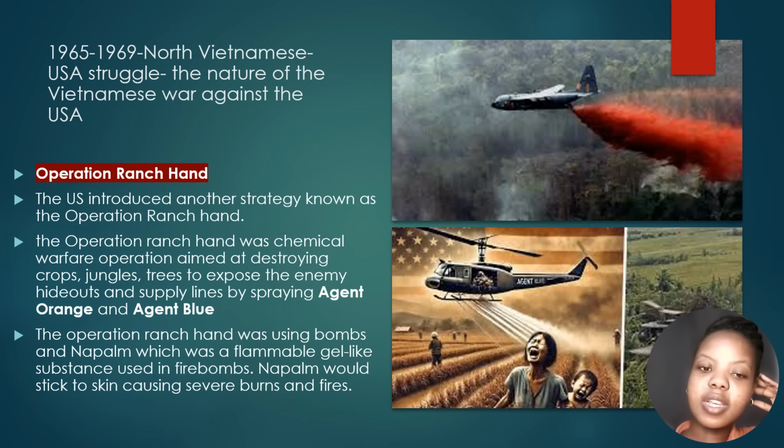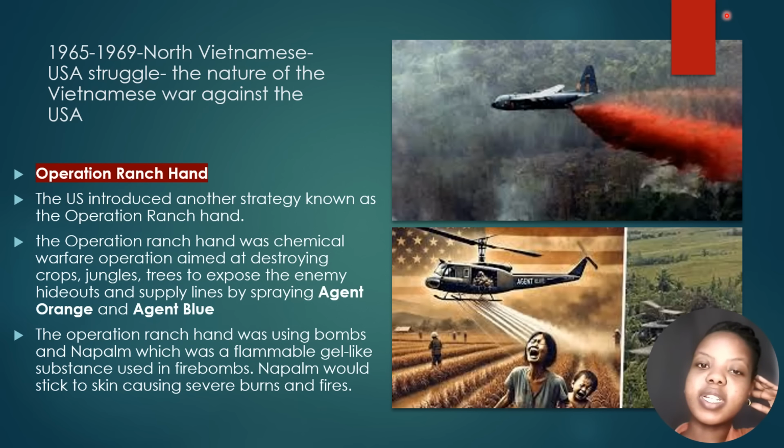Moving on to another strategy that the USA introduced, which was referred to as Operation Ranch Hand. The Operation Ranch Hand was a chemical warfare operation aimed at destroying crops, jungles, and trees to expose the enemy hideouts and supply lines by spraying Agent Orange and Agent Blue.